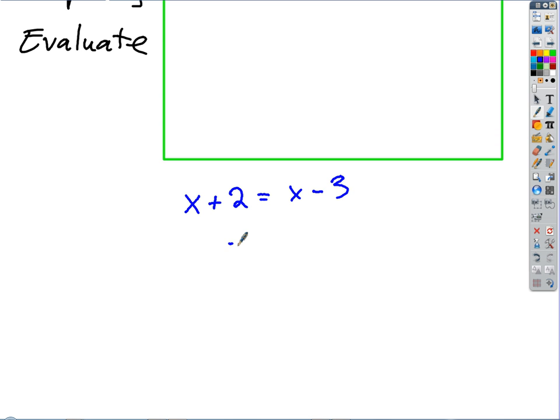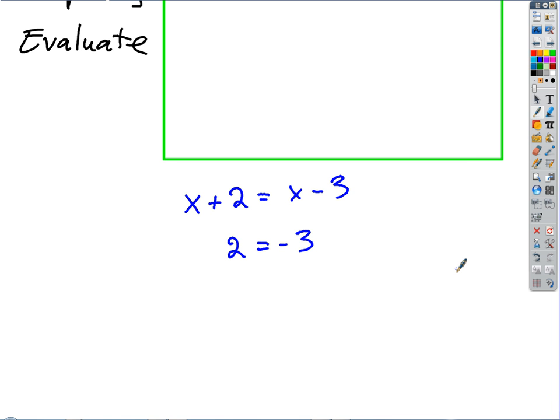And I get the answer 2 equals -3 when I do my algebra steps. Is that true or false? False. And so no matter what value of x I choose, I'm never going to get an answer that's true. It's always going to be false. And so we've got a little bit of a dead end here. Can we solve this one? No, there is no solution. There is no way to make a true statement out of this. There's no value of x we could ever choose that would make that equation true, right?